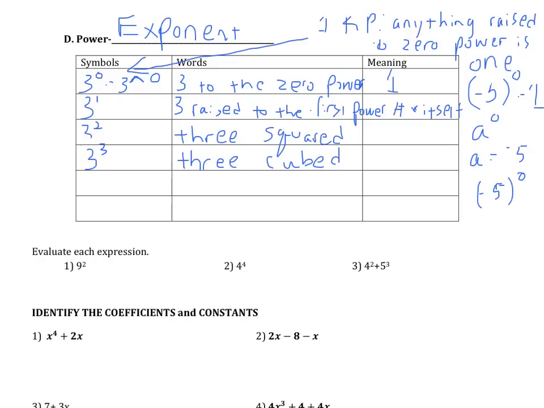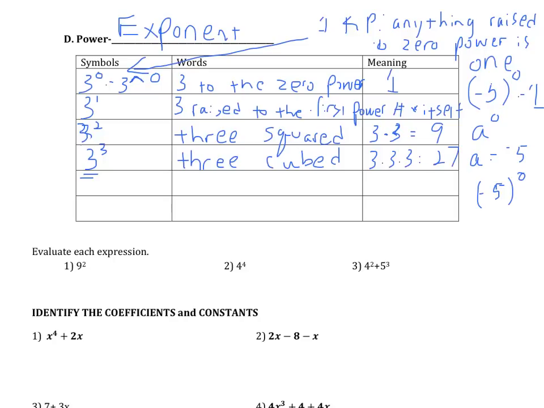So 3 to the second power means take the base of 3 and multiply it by itself 2 times. So it would be 3 times 3, which equals 9. 3 to the third power, take the base number, this bigger bottom one, multiply it by itself 3 times. So 3 times 3 times 3, and you get 27.